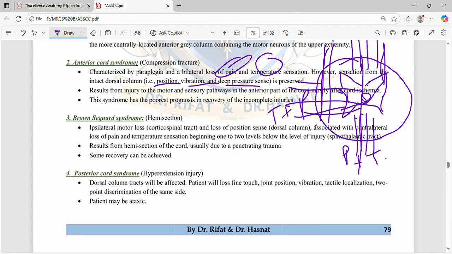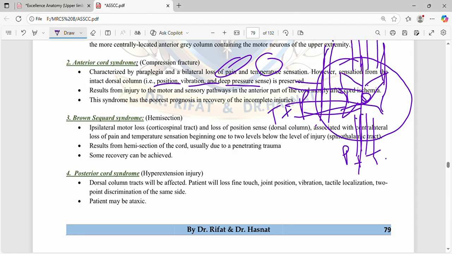So there is ipsilateral motor loss, corticospinal tract, and loss of position sense, dorsal column, associated with the contralateral loss of pain and temperature sensation beginning 1 to 2 levels below the level of the injury. Spinothalamic tract. It results from hemisection of the cord, usually due to penetrating trauma. Some recovery can be achieved.